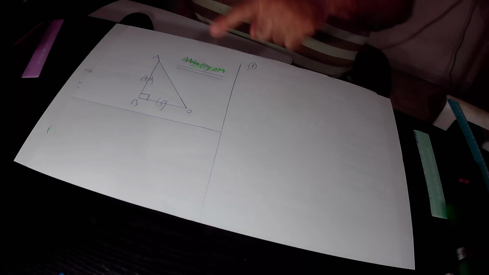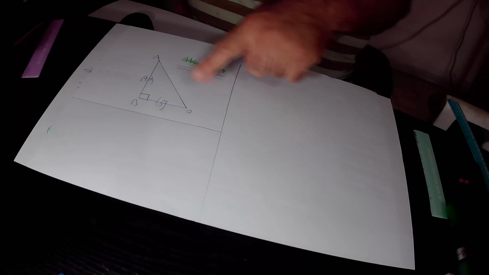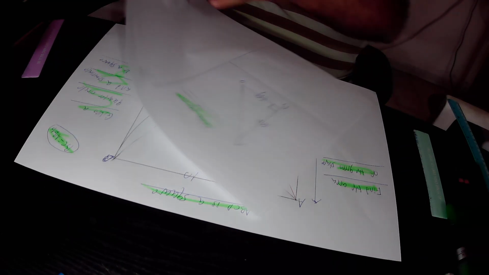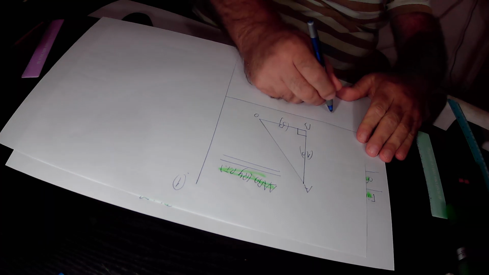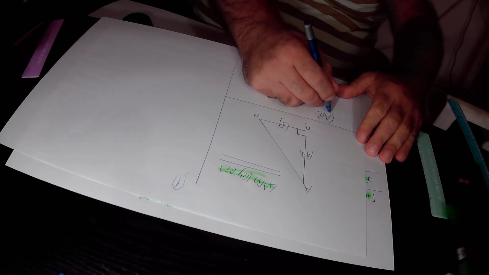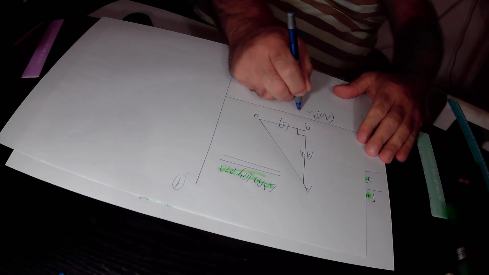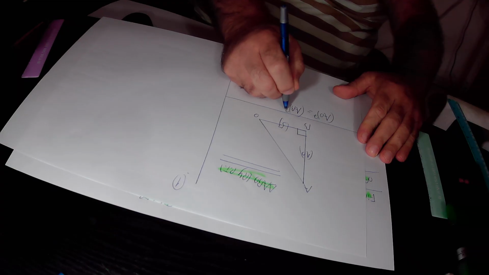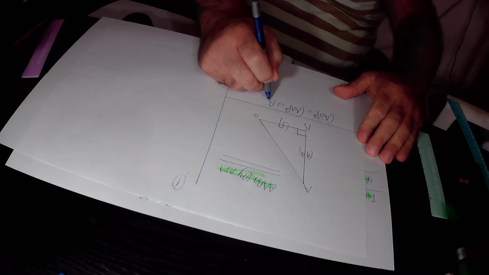This is the right triangle ABO copied from the original drawing. In this right triangle ABO, AO square, that is the square of the hypotenuse, equals AB square plus BO square. So write it down. AO square, that is the square of the hypotenuse, equals AB square plus BO square.